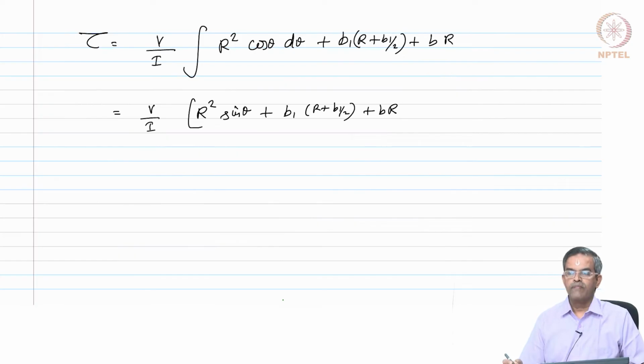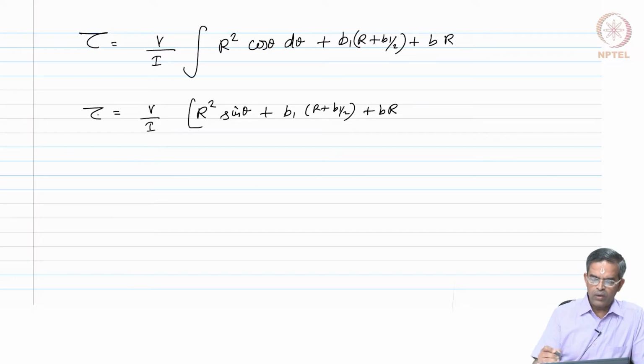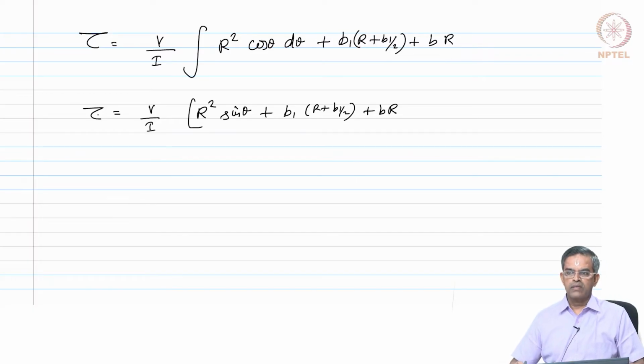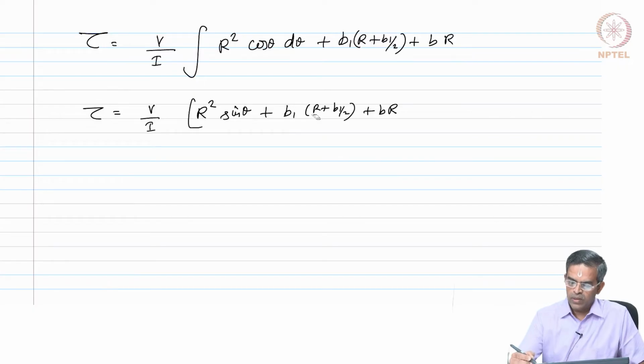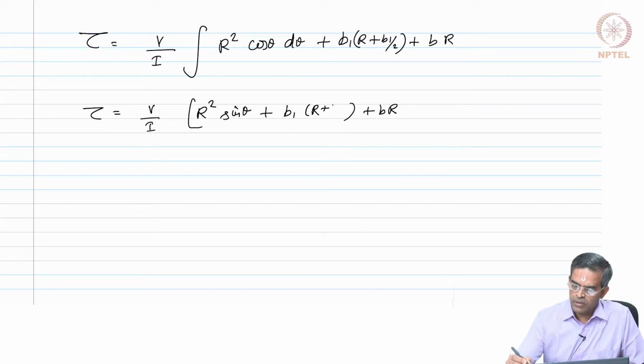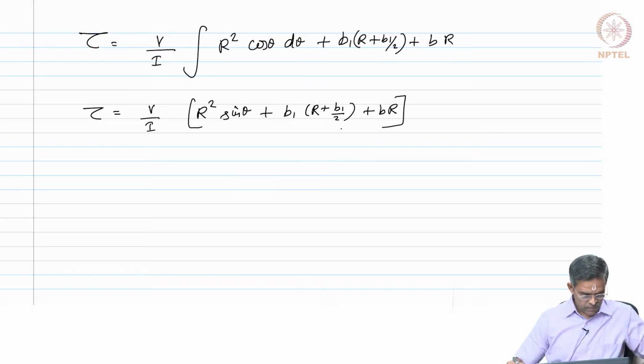So, we have now the value for tau, which is V by I R square sin theta plus B1 into R plus B1 by 2, let me write it here clearly, plus BR.